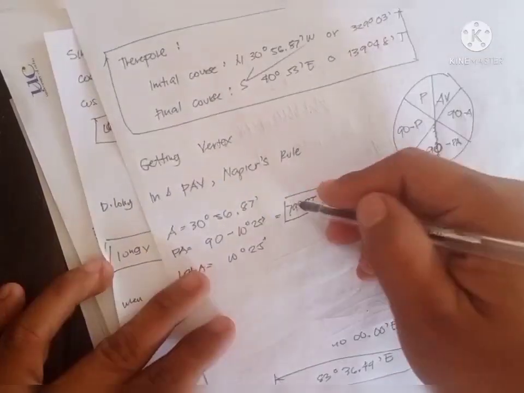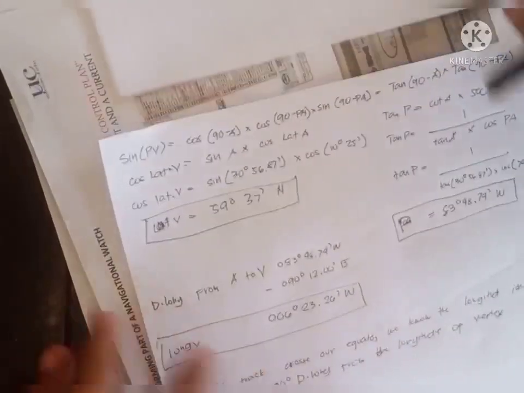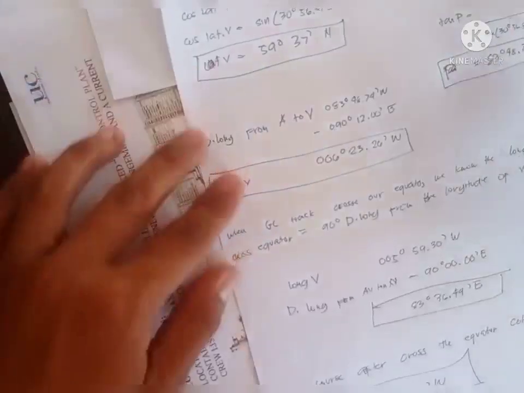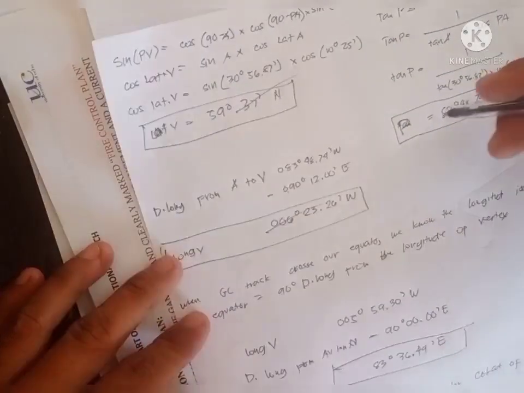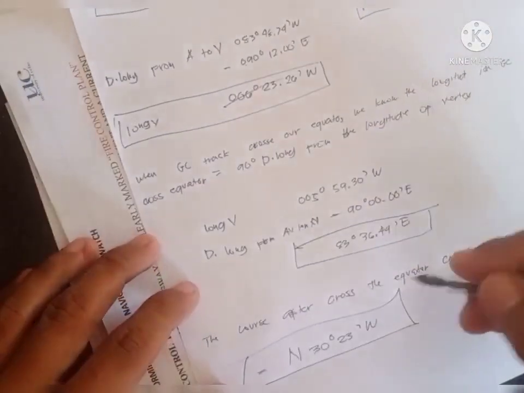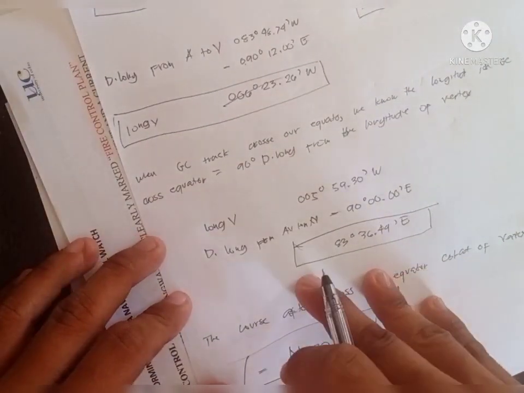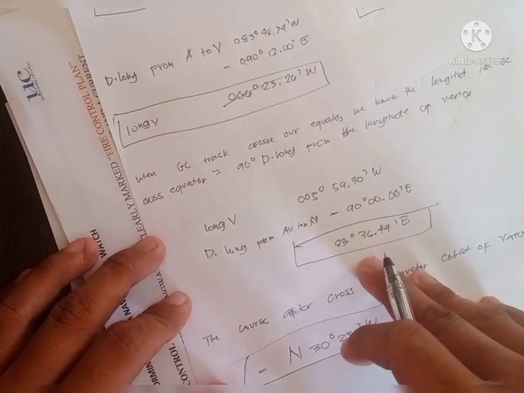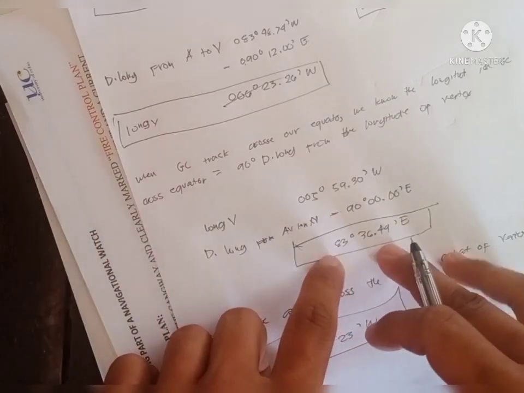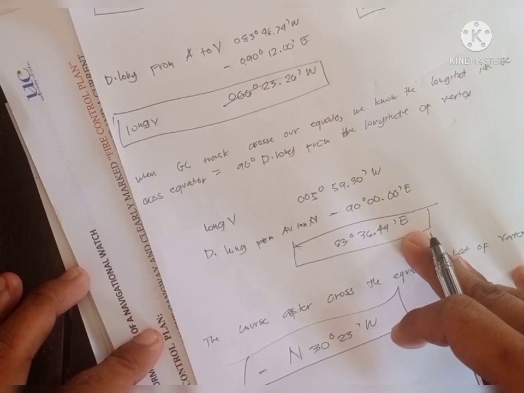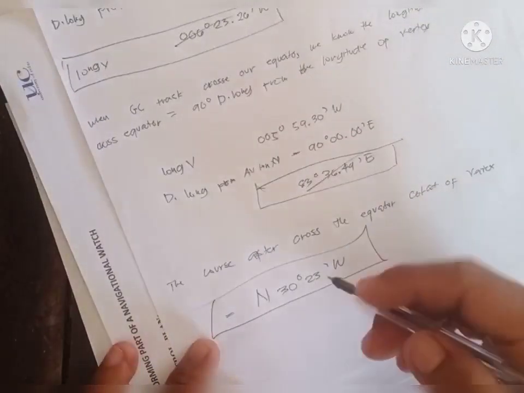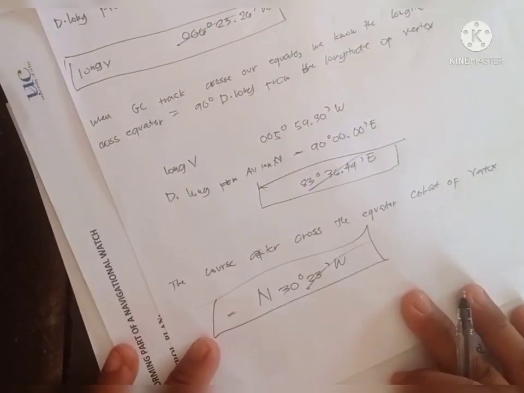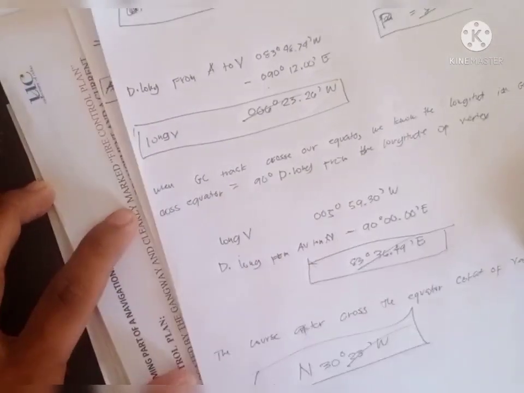So in getting our PA, our lat V, long V, our P, when the GC track crosses the equator, and after crossing the equator. So once again, we are done.